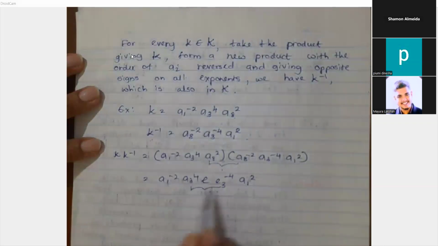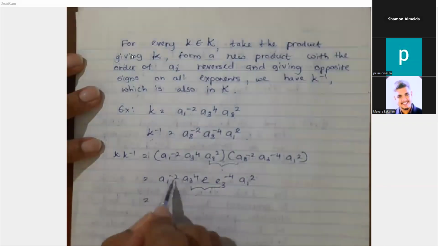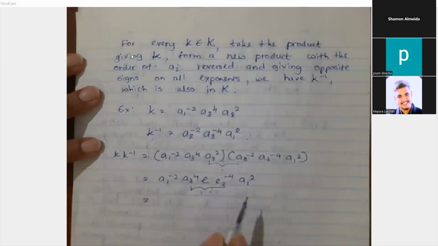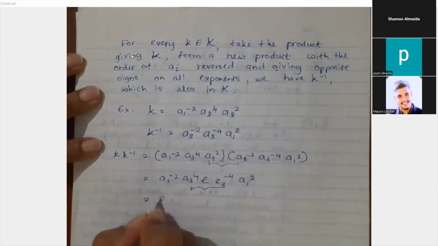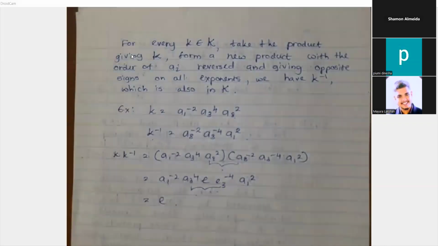These two together will give you the identity. At the end, once you are down to these two elements, a_1 to the power of -2 times a_1 to the power of 2 gives you the identity. Okay, is it clear? Therefore, we see that K is a subgroup of H because it satisfies all conditions of being a group. It's a subgroup of H, and we are done.